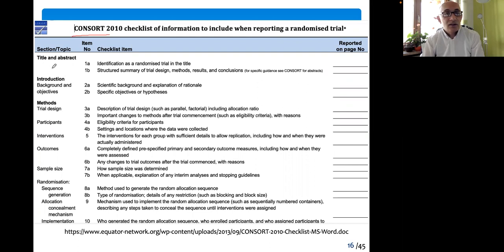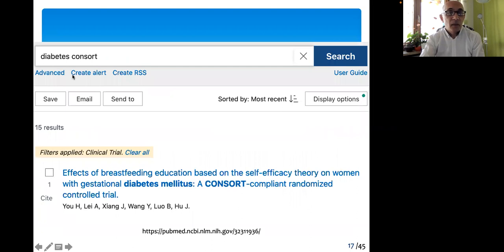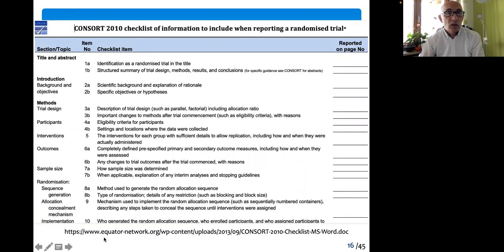And this checklist, as you see, is also very similar, just modified according to the individual study design. By the way, there is this EQUATOR Network, equator-network.org, where you may find all the different checklists or reporting guidelines for the different studies.